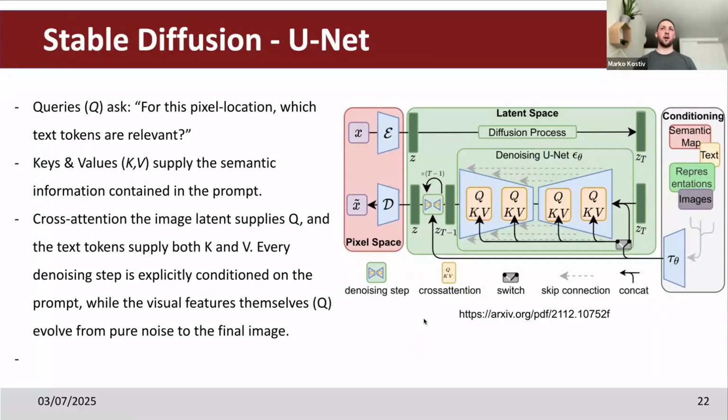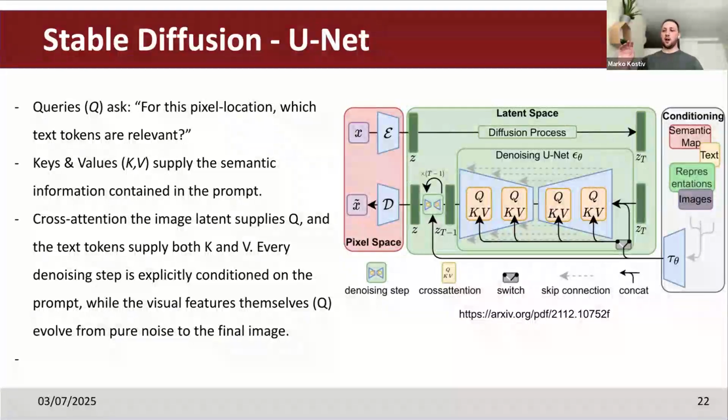So you can think about this as the unit that you initially explained with the convolutional layers. But here we are leveraging the power of attention. So we're basically saying the query is for this pixel location in the latent space. Let's think about it as the pixel location: which text tokens are relevant?